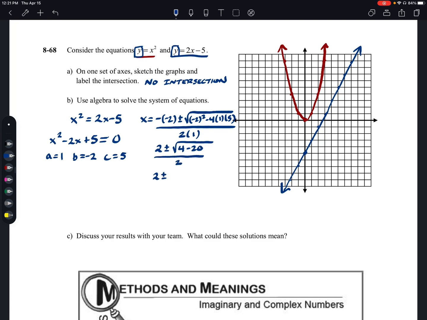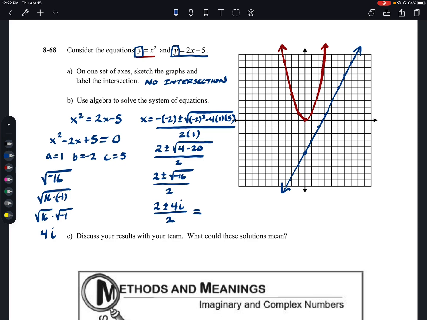That's 2 plus or minus the square root of -16. And the square root of -16, when we break it down, is like saying the square root of 16 times -1. So it's the square root of 16 times the square root of -1, which would be 4i. So we're looking at 2 plus or minus 4i all over 2.